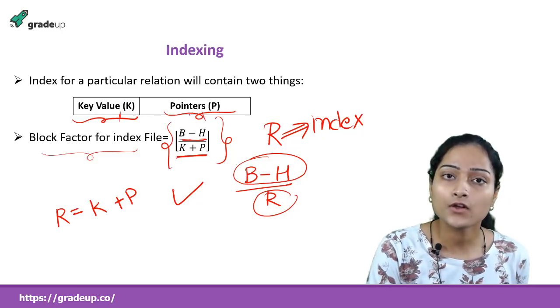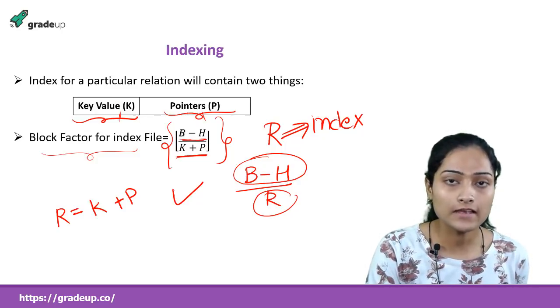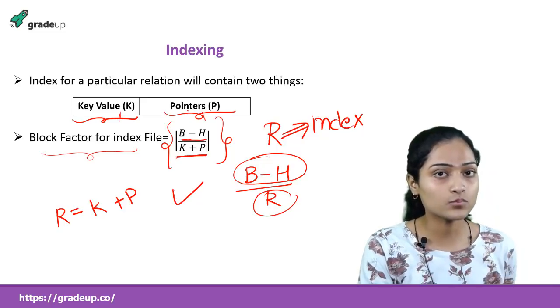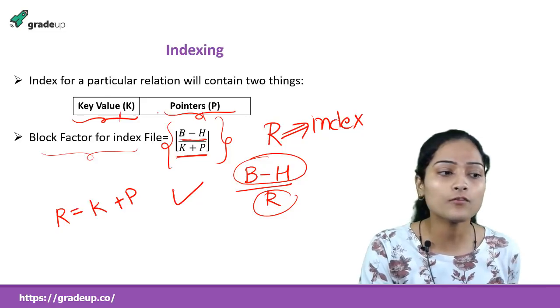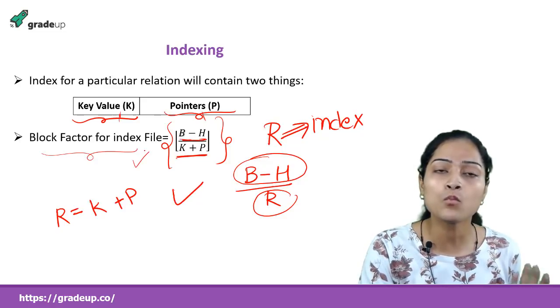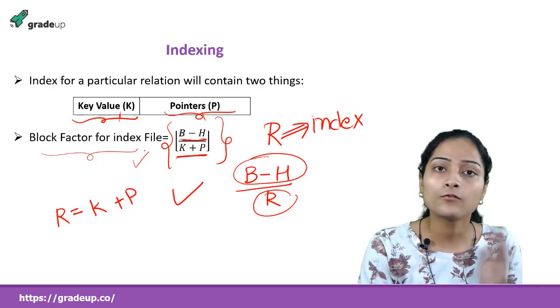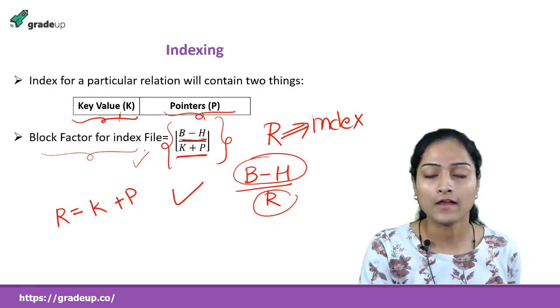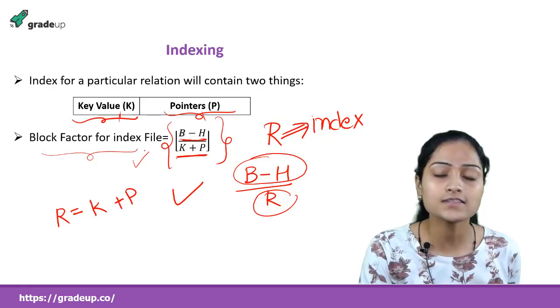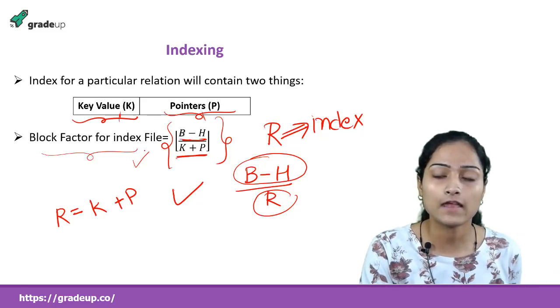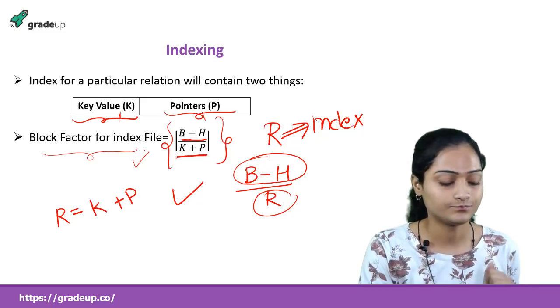Then the size of a record in a particular index file will be very small as compared to our actual table. So we can say the block factor for the index file will be more than the block factor for our database file, because the record size in our database file is quite large and the record size in the index file is quite small.